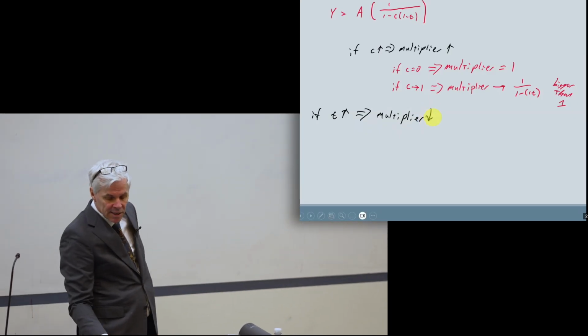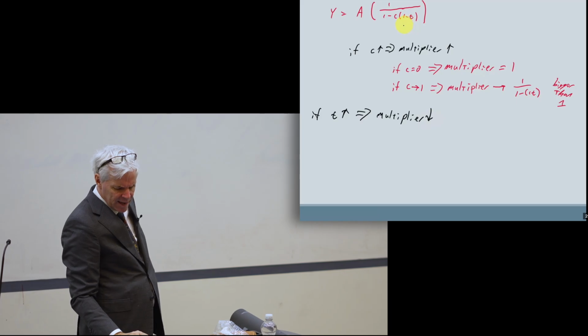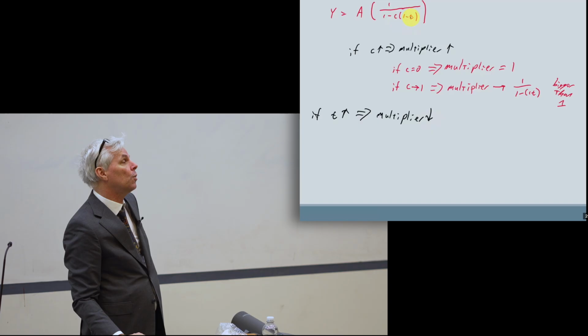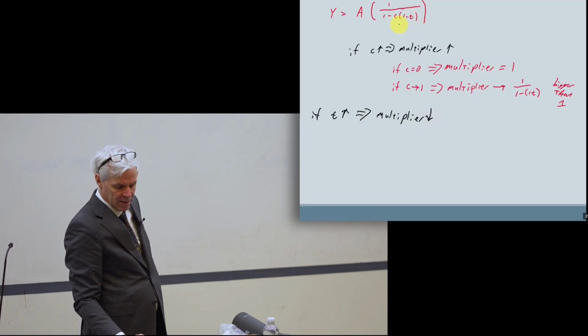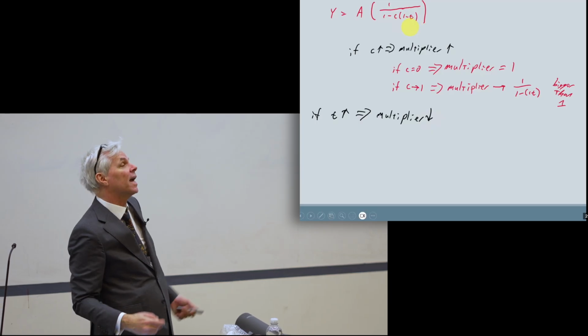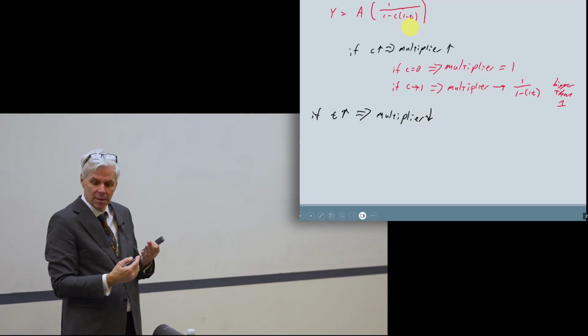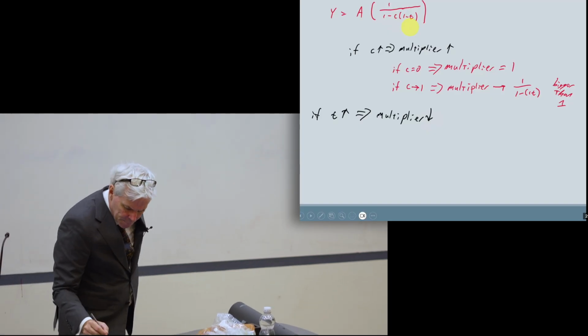Okay. And we can see just in the formula that t is entering the opposite way of c. If c is minus c, it's going to be plus the tax bit, so it's going to have the opposite effect. We can do it with examples.